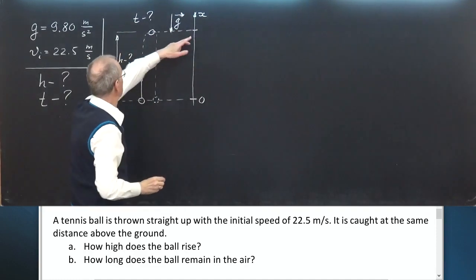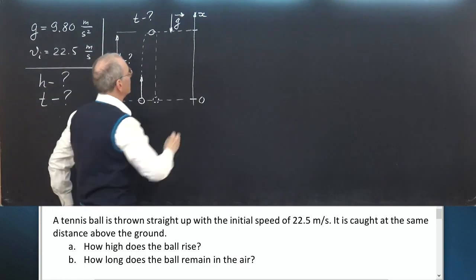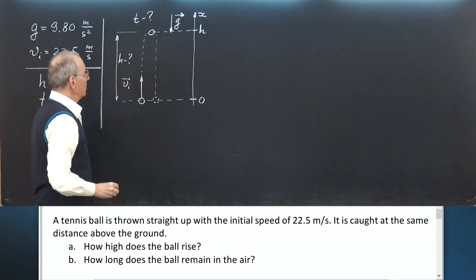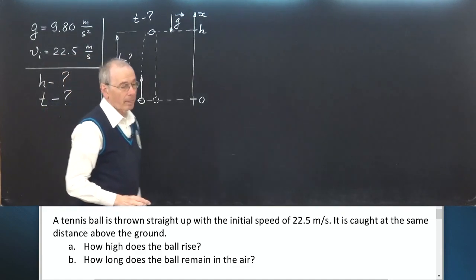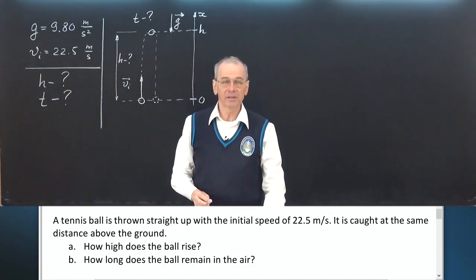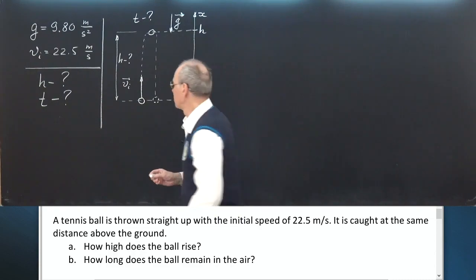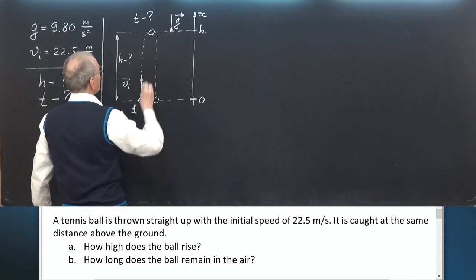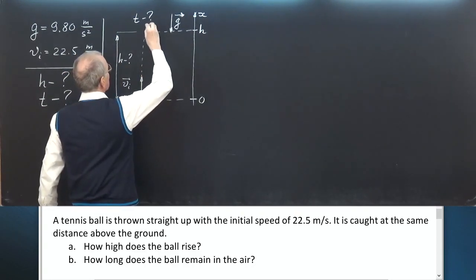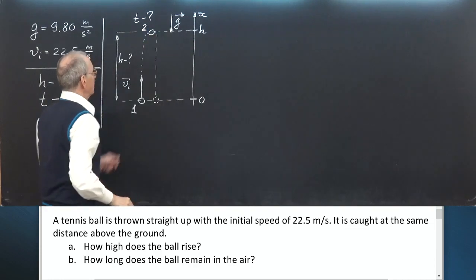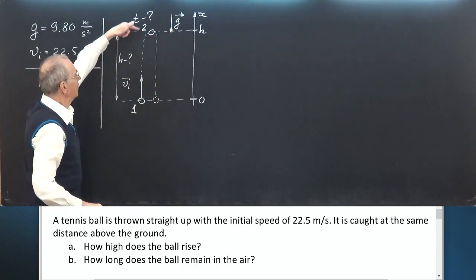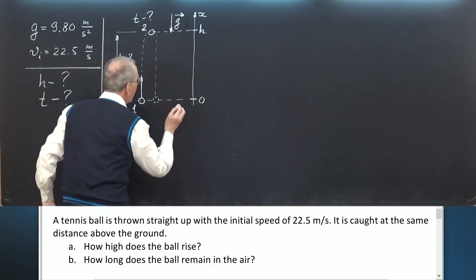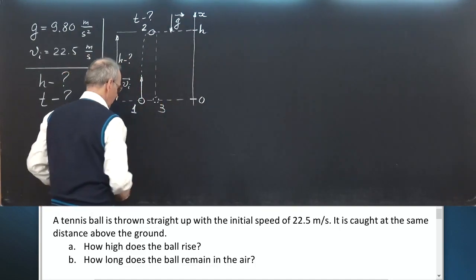This coordinate is h. Let's consider 3 positions of the ball. The first position, starting position. The second position, at the point when its coordinate is h, and the final position 3.